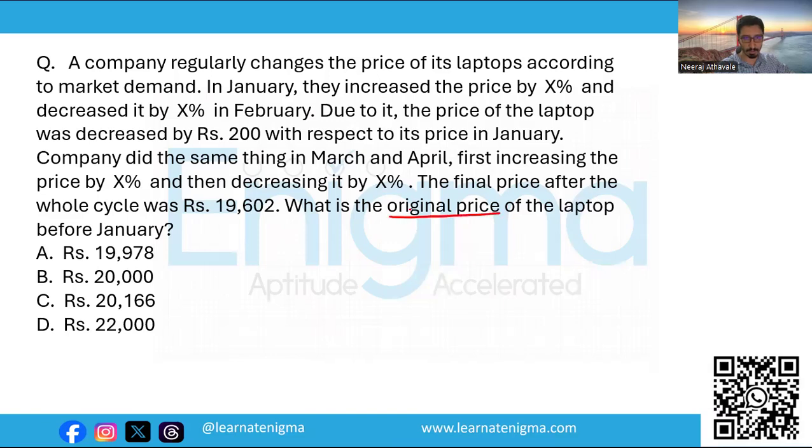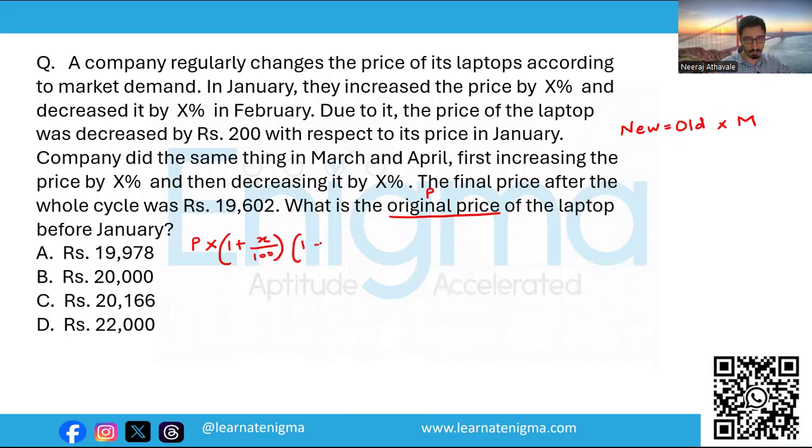Okay, let's assume that the original price is P. Now, this formula will be very useful for this question because we are dealing with percentage change. Okay, so new value is equal to old into M. So old value is P. In January, the price was increased by X%, so 1 plus X by 100.